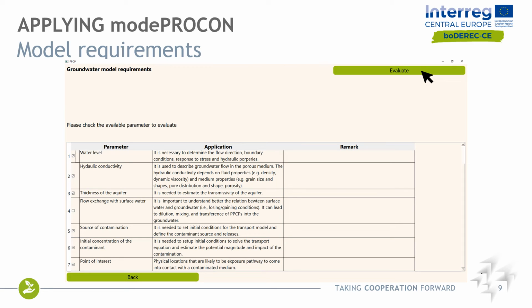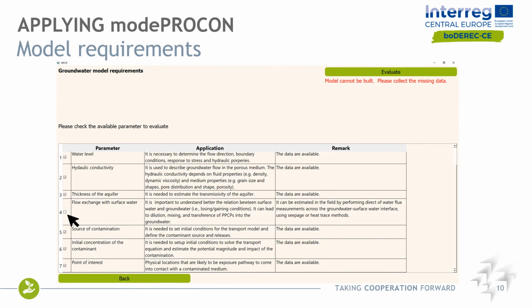If we tick all the available information and click on Evaluation, the following output can be obtained. The model cannot be built. modePROCON provides the user with a suggestion how to obtain the missing data.